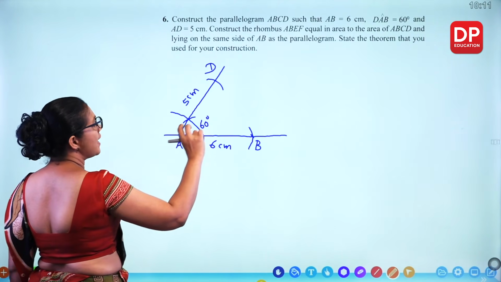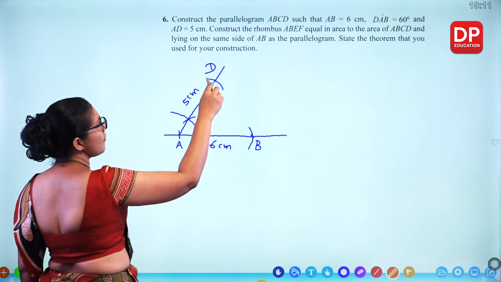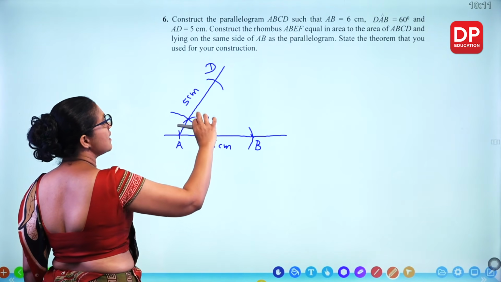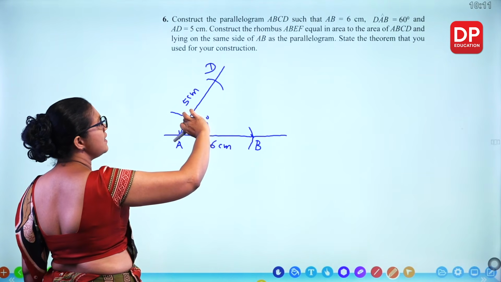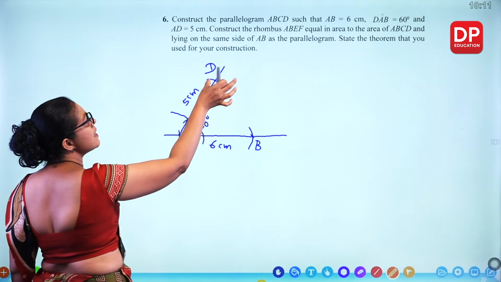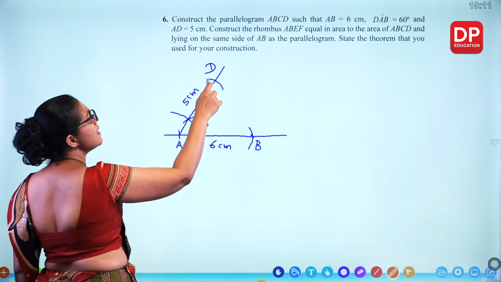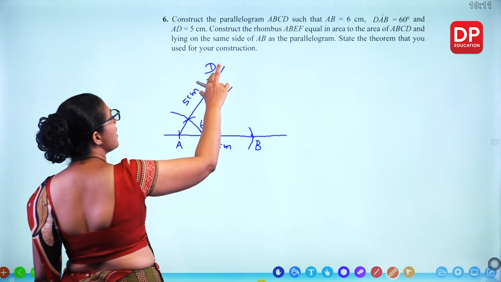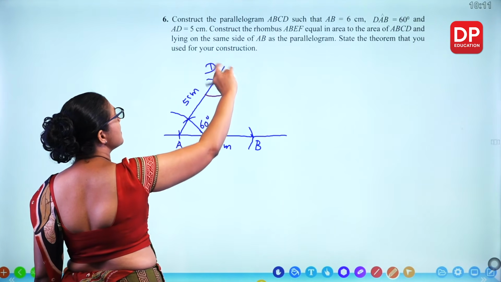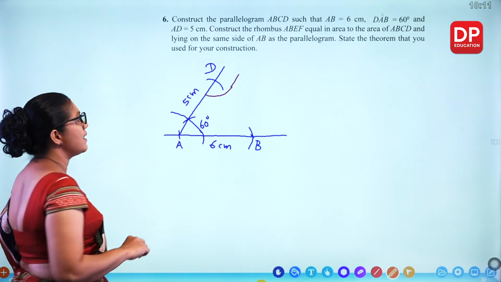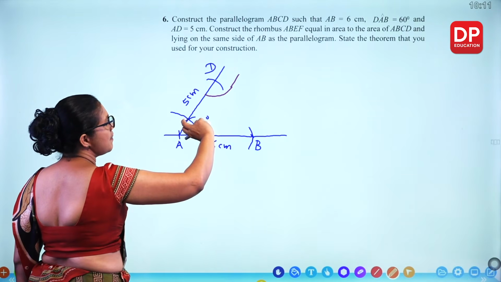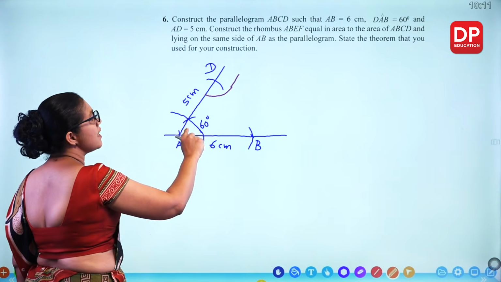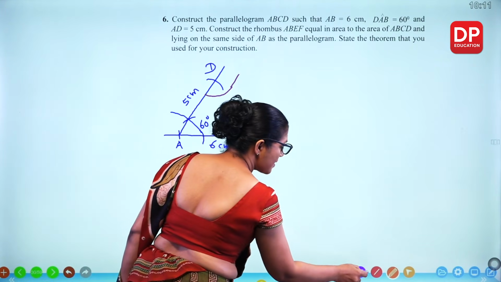So I measure this length here and from here also I measure the same length, marking here as well as here. Then I can draw a big line like that.